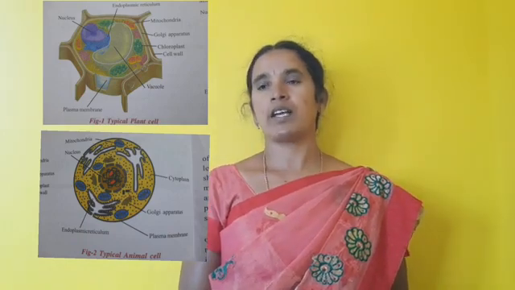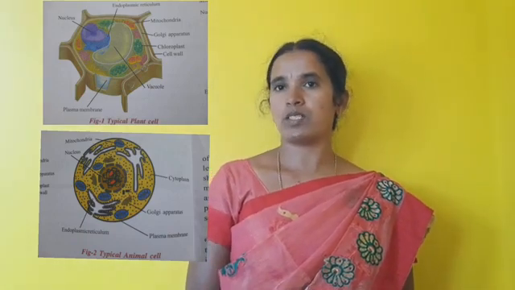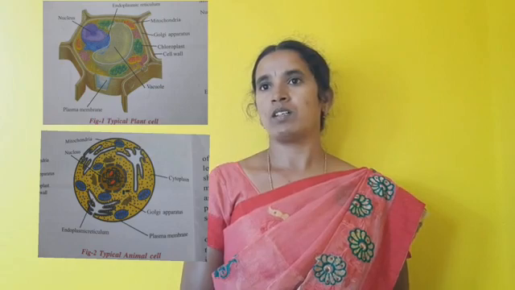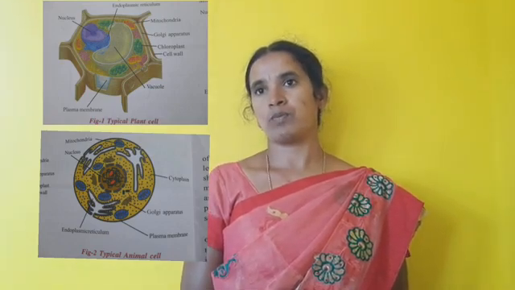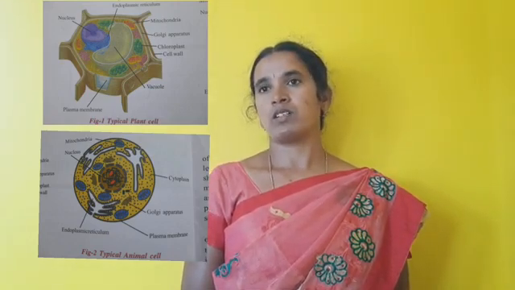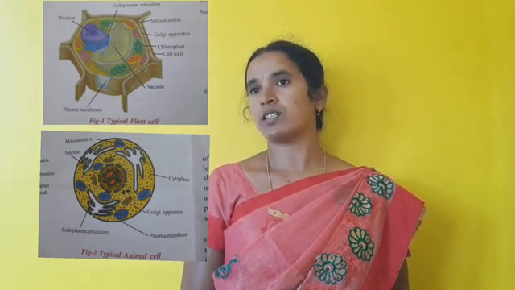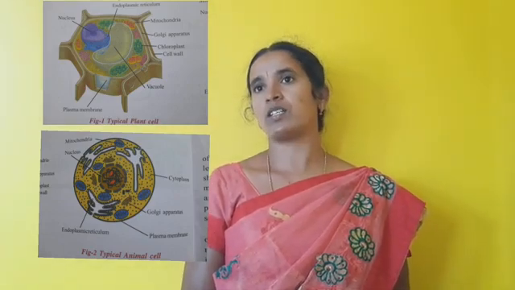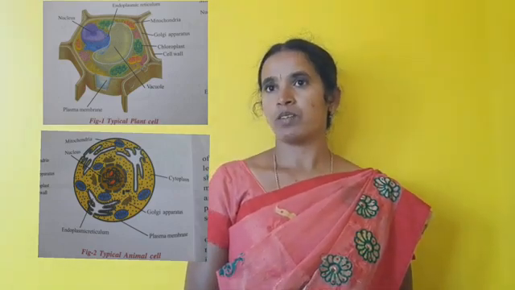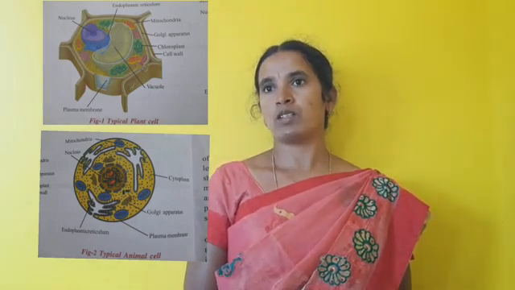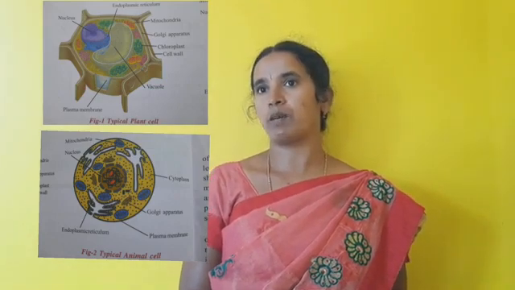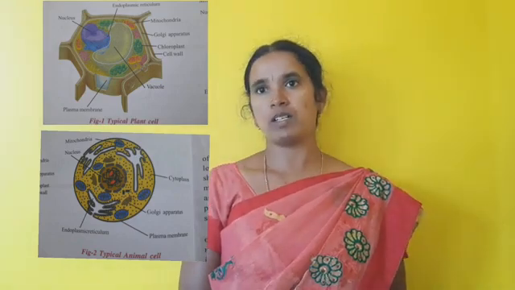Observe the diagram of the typical plant cell and animal cell. All of you observe what parts there are, what the differences are, and what the similarities are.